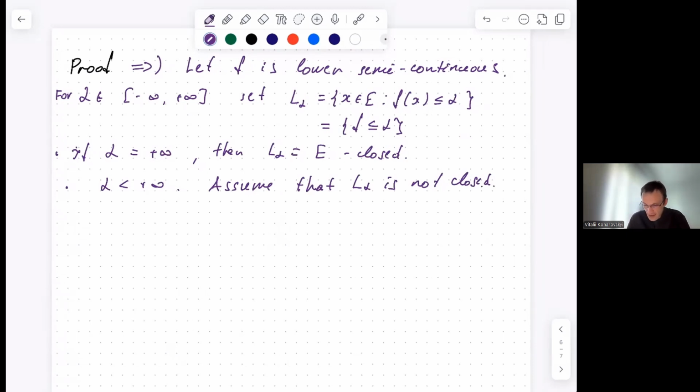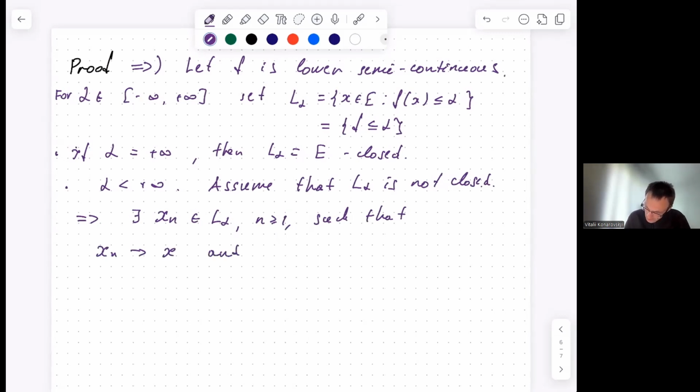If L alpha is not closed, then it implies that there exists a sequence from the level set L alpha which converges to x, and this x does not belong to L alpha.